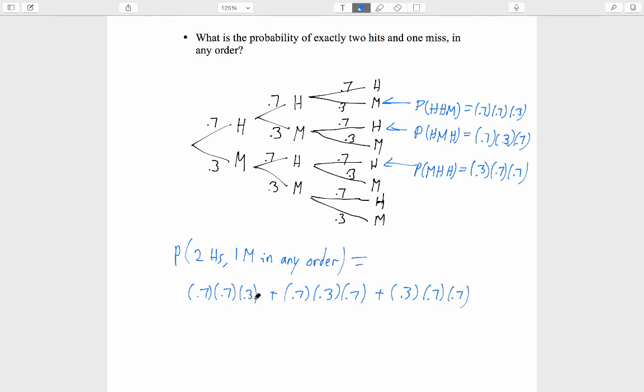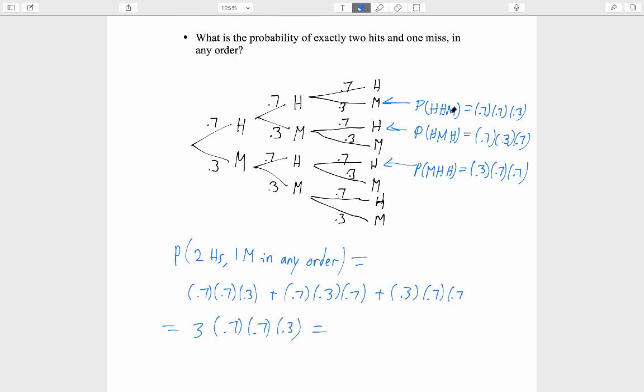Right? 0.7 times 0.7 times 0.3 is equal to 0.7 times 0.3 times 0.7. Again, we are grateful to live in a universe where multiplication is commutative, so that even though these are 3 separate outcomes, and even though we're looking at an experiment with unequally likely outcomes, these three particular outcomes are equally likely to one another. What we really have here are three copies of 0.7 times 0.7 times 0.3.